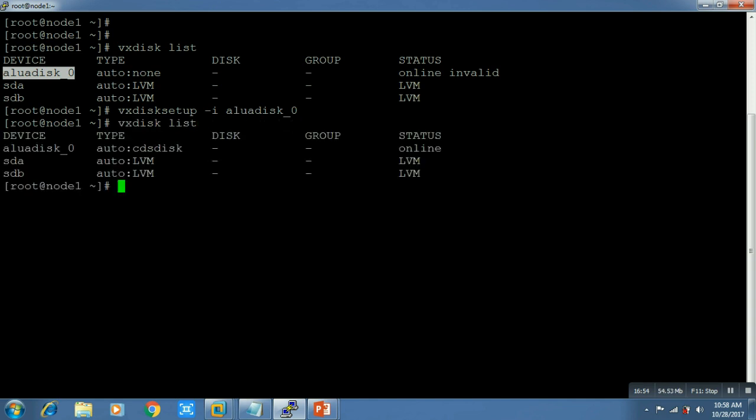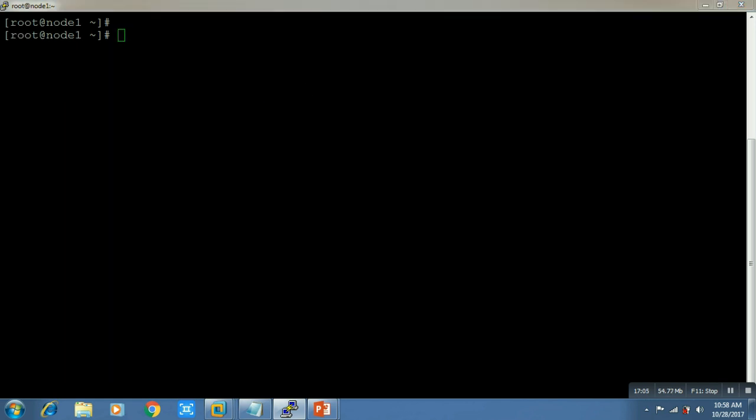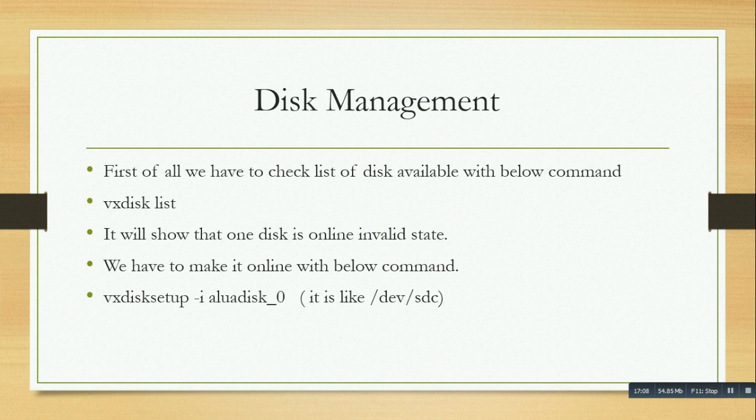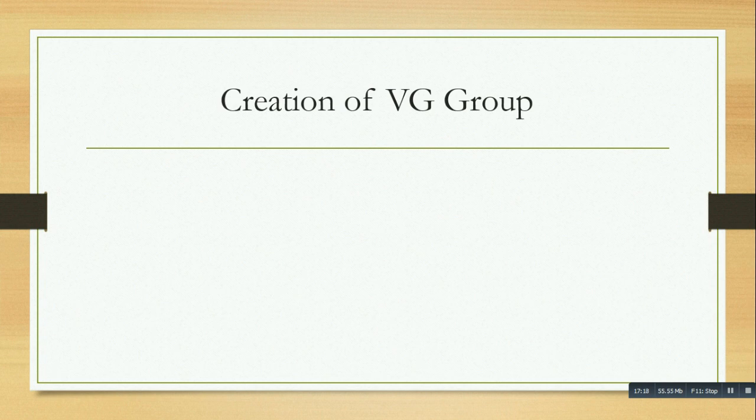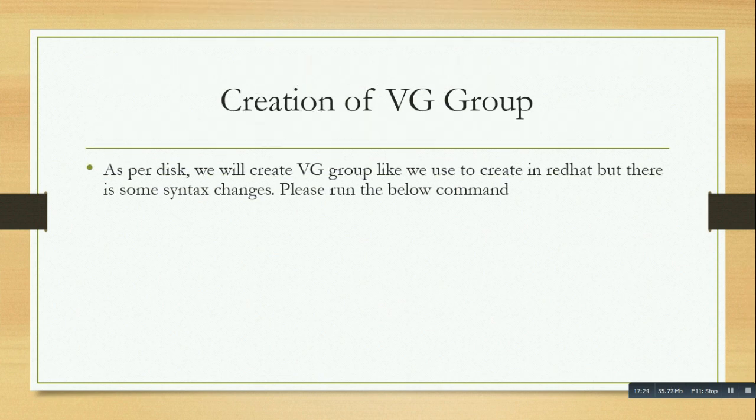Now creation of the VG. If you remember in LVM, once we've done a pvcreate, thereafter we have to run a vgcreate, right? Here also we have to do the same. As per the disk, we will create a disk group like we used to create in Red Hat, but there is some syntax change. Run this command: vxdg init http_disk, and disk name equal to this. http_disk is my volume group name.